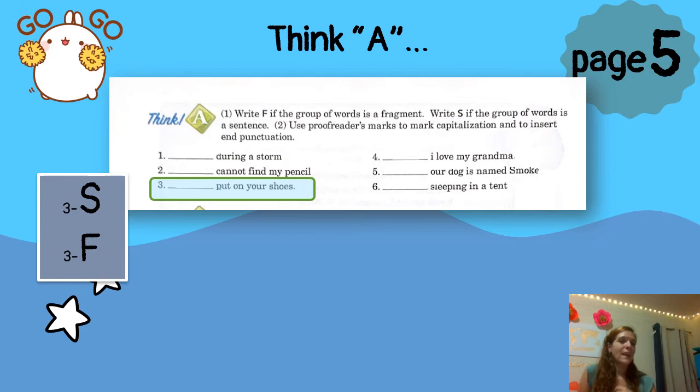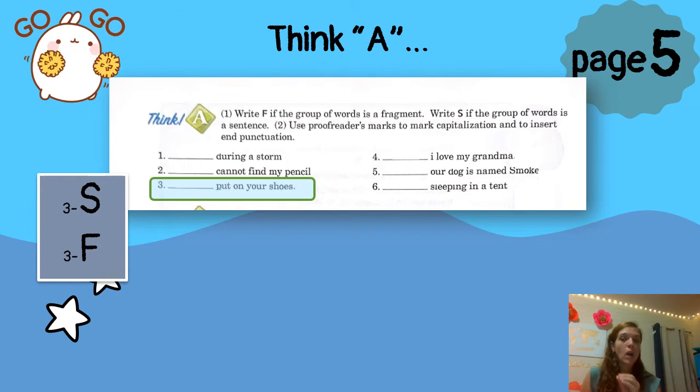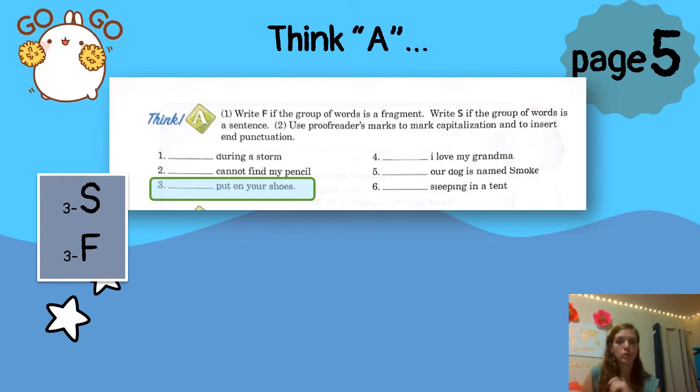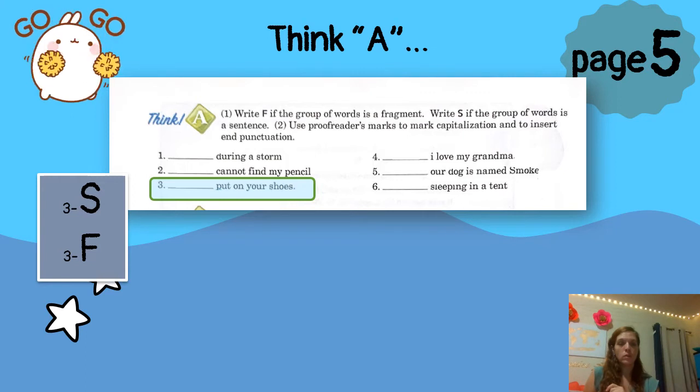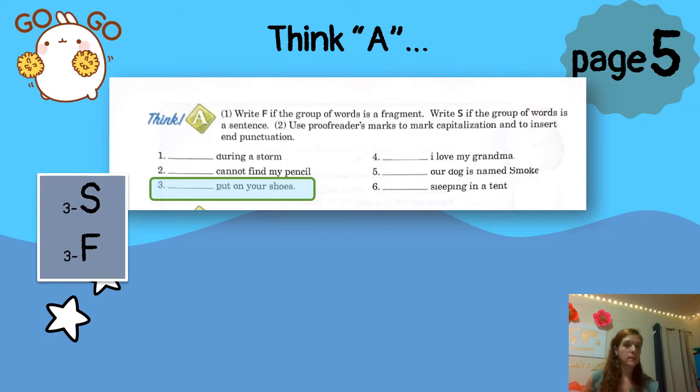Number 2, cannot find my pencil. Sentence or fragment? Number 3, put on your shoes. Andres, what do you think that is? A sentence or a fragment?